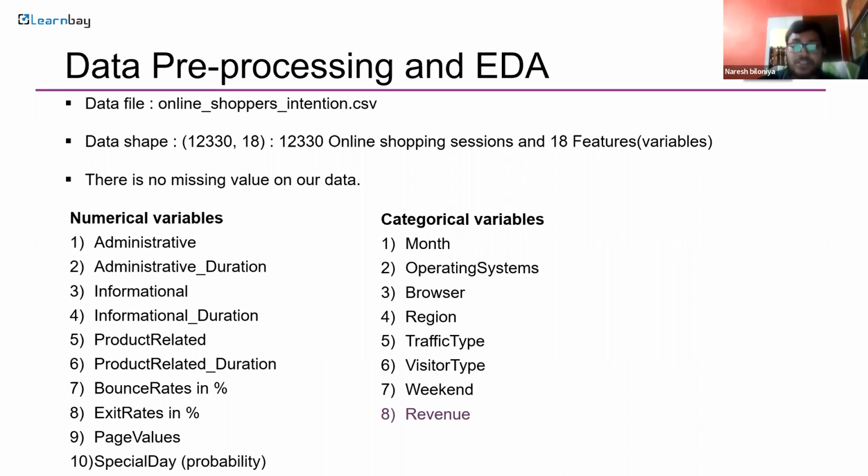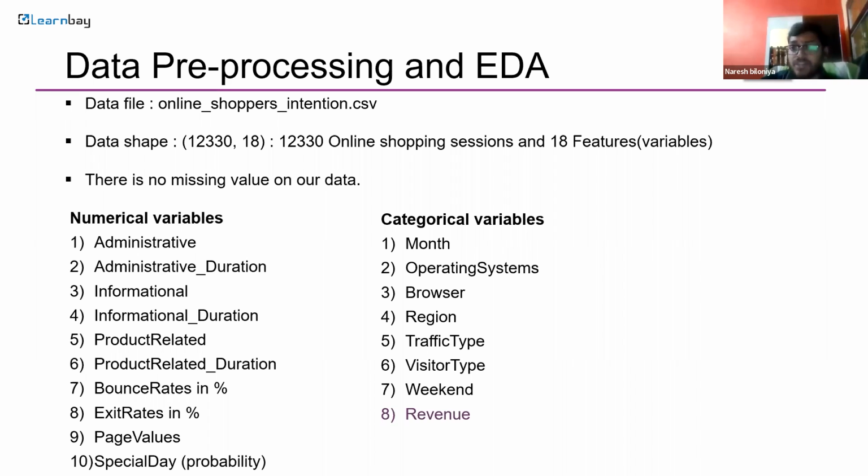And the informational duration means how much time the user spent on this type of pages. And product related means these are the product related pages, meaning if the user is searching for any product, then sometimes he finds some reviews, he goes deep into the product details, he compares the products, all these things. So these are product related pages. And how much time the user spent is in product related duration.